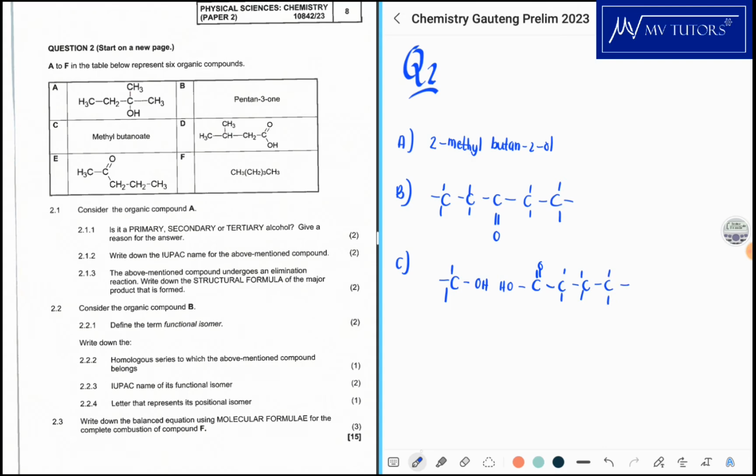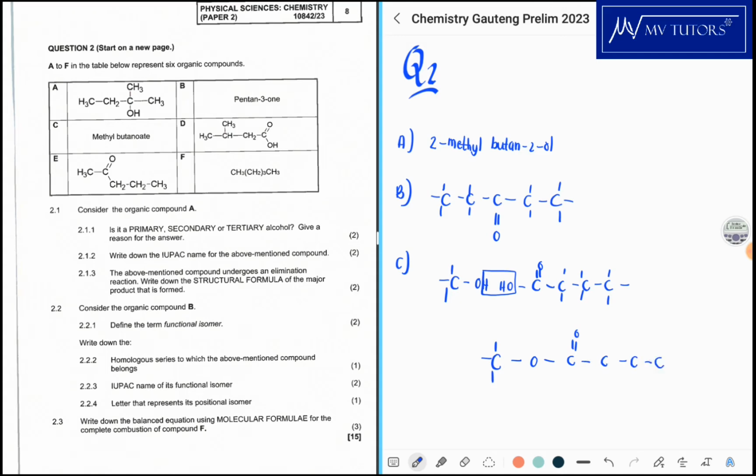And for an ester to form, you take out the H2O. So basically, you are left with, look at me forgetting the oxygen there. So you have your oxygen, and then you have your carbon, double bonded to oxygen, and you have the rest of your carbons.